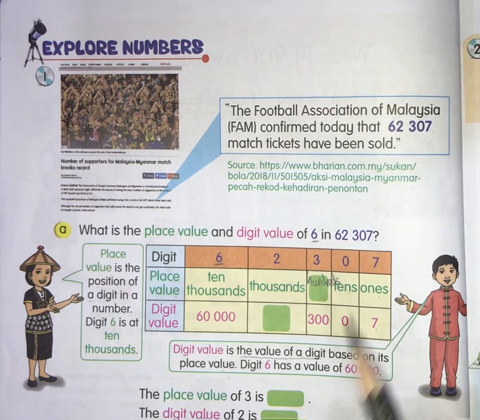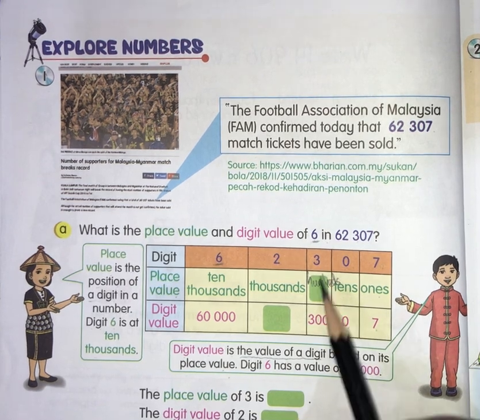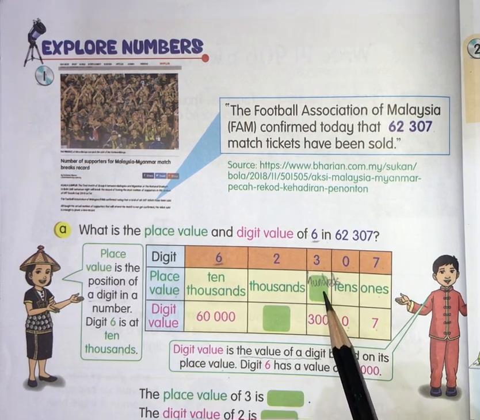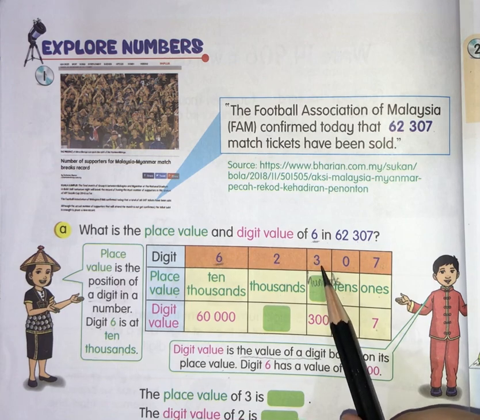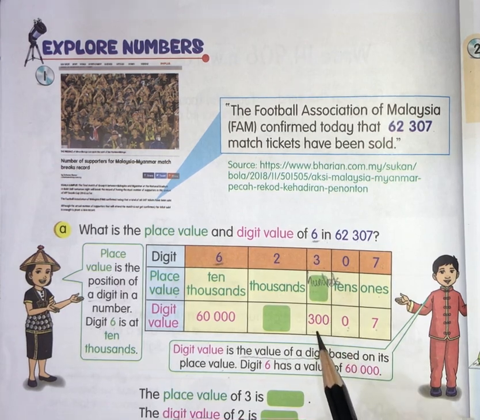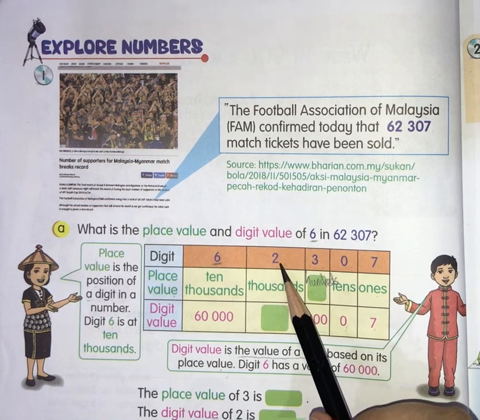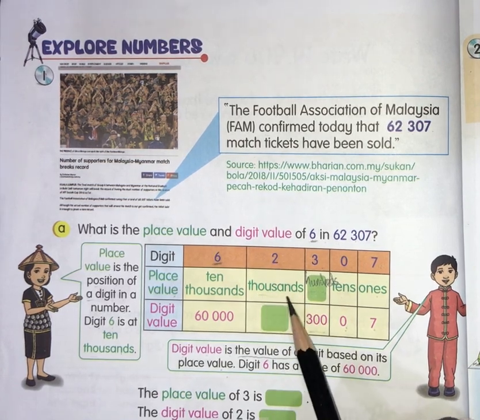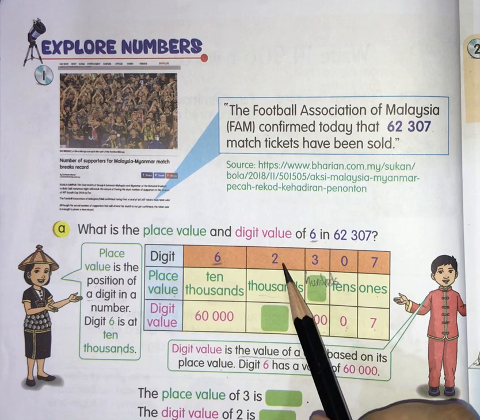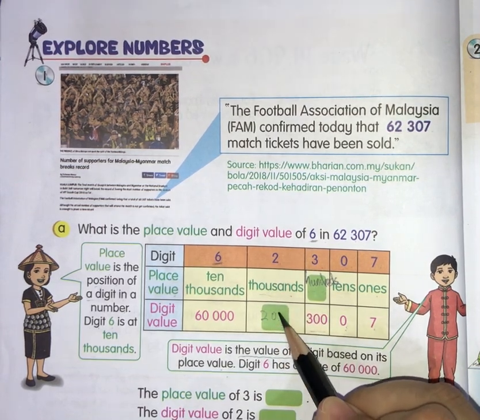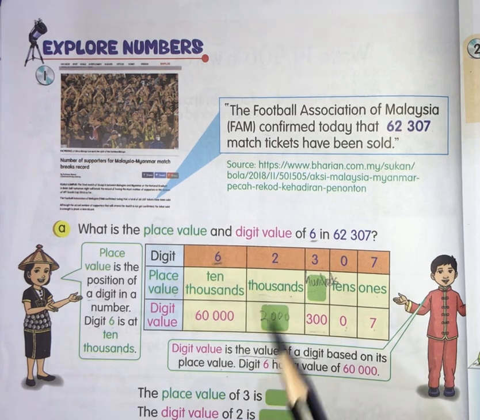Then 3. What is the digit value for 3? You need to look at the place value. It's at hundreds, so you have 3 hundreds. How about 2? 2 is at the thousands place, so you have 2,000.